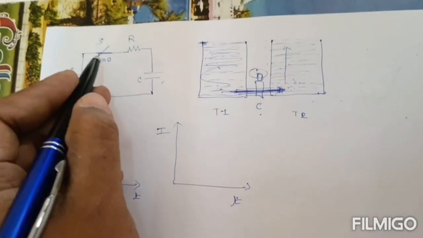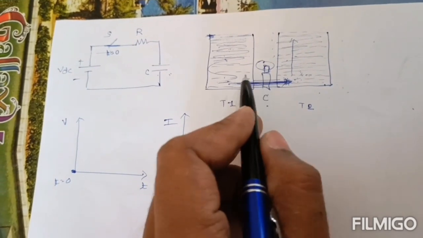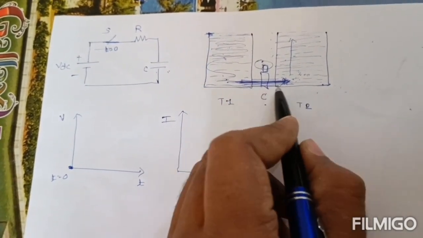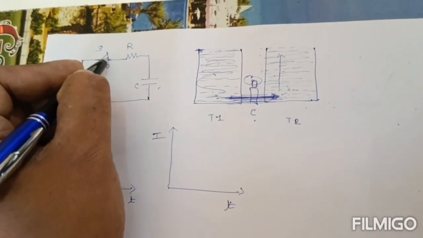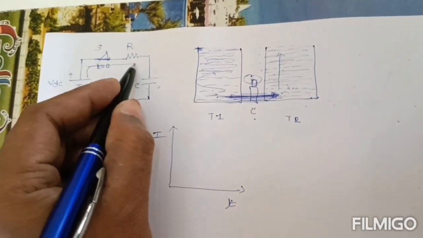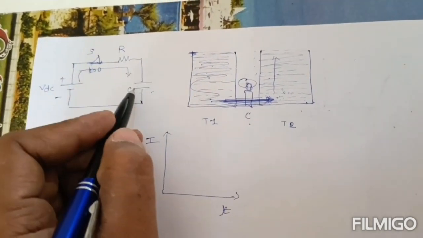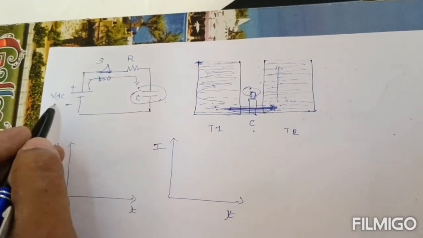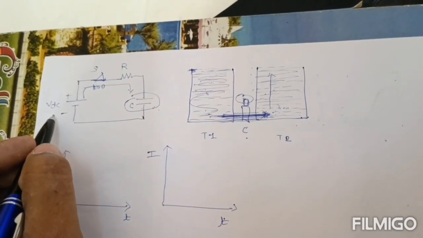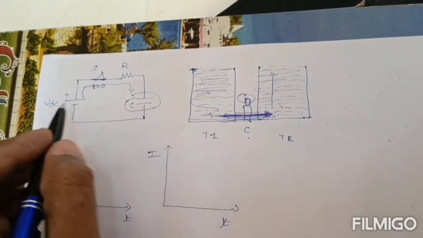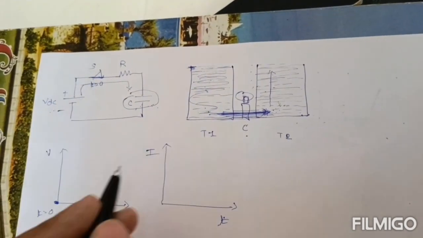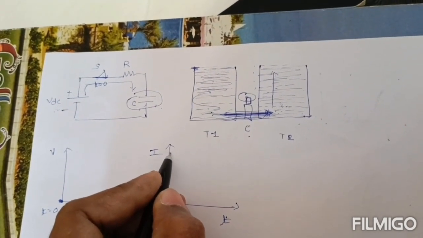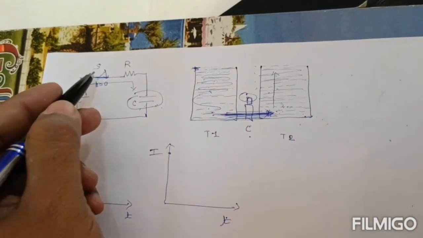As the switch is closed, a large amount of water flows with high velocity. Similarly, when this switch is closed, a large amount of current will flow, because this has zero voltage and this has the maximum V DC voltage. So there is a maximum potential difference, and the current will be maximum initially whenever I close this switch.